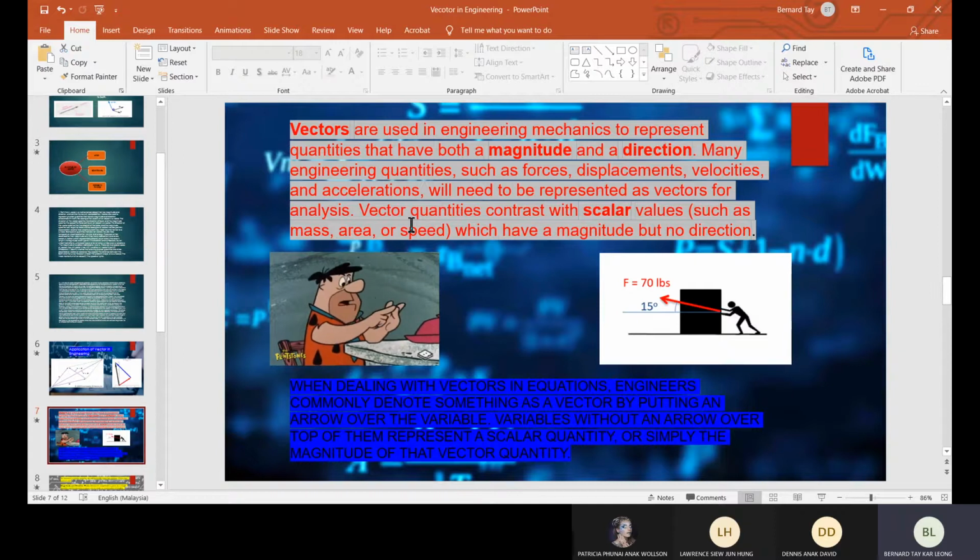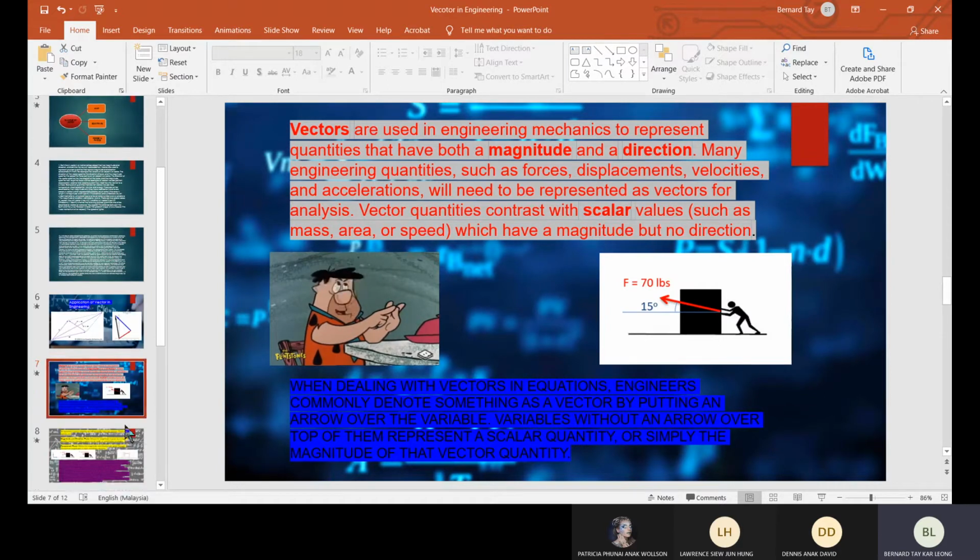Vector quantities contrast with scalar values such as mass, area, or speed, which have a magnitude but not direction. When dealing with vectors in equations, engineers commonly denote a vector by putting an arrow over the variable. Variables without an arrow over them represent a scalar quantity or simply the magnitude of that vector quantity.